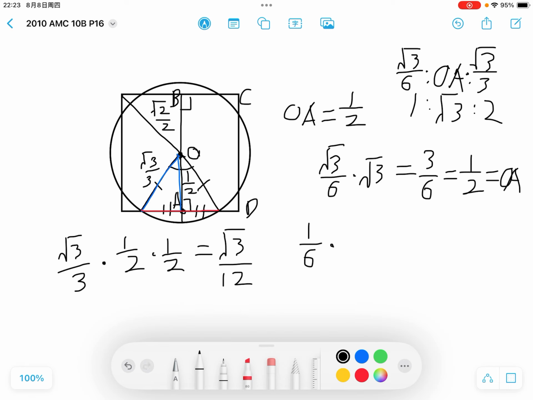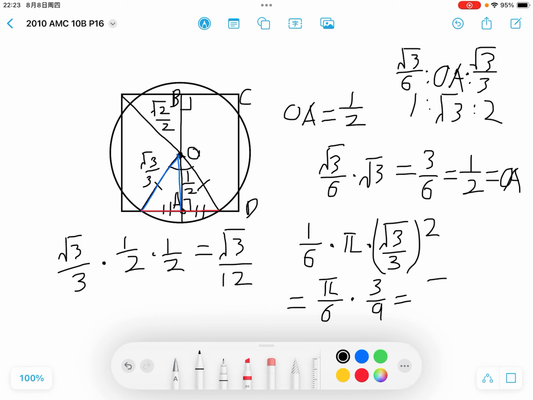The area of my circle is gonna be pi r squared, and the radius is √3/3. So if I just square this, then I have pi over 6 times 3/9. That's equal to pi over 18.